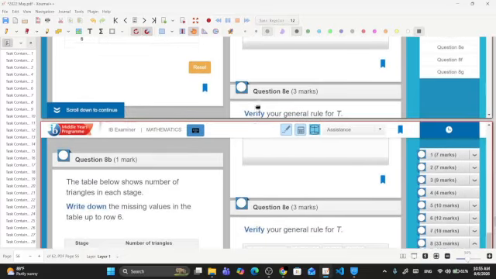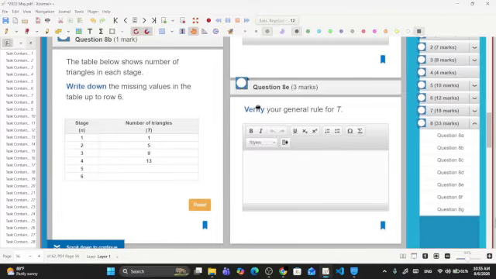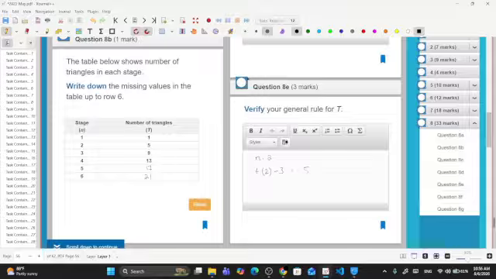Verify your general rule for T. So that's very easy. How can we verify this part? In order to verify it, we have to make sure that our answers match what is present inside the table. So let's say the value of n is 2. So we get 4 into 2 minus 3. That becomes 8 minus 3, which becomes 5.